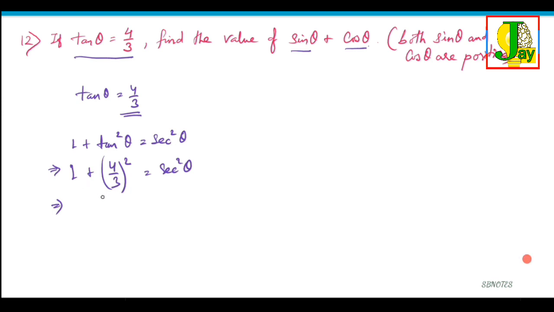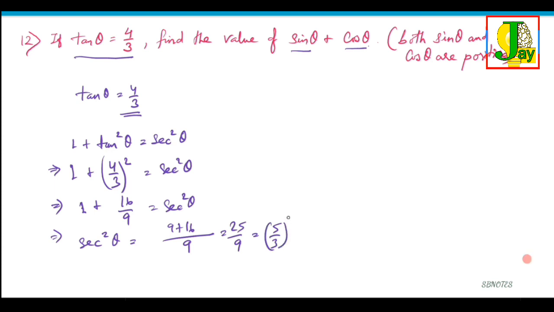If you open the bracket, you'll get 16 by 9. Let me write the right hand side first: sec square theta equals 1 plus this. If I take LCM, I get 9 plus 16, so 25 by 9, that's 5 by 3 whole square.